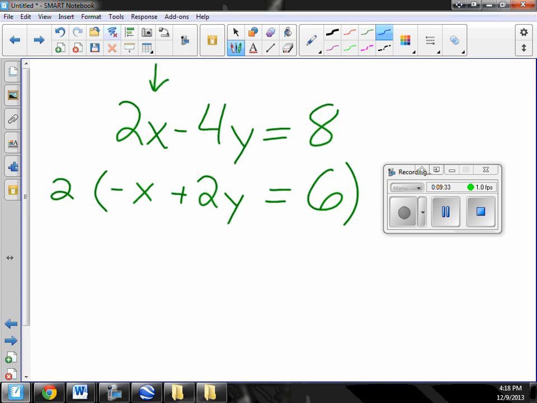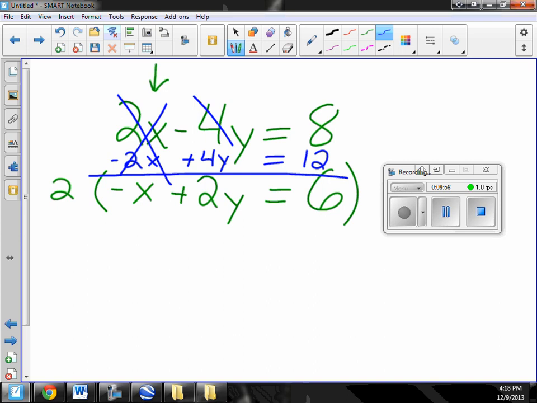And as long as I times it all the way across, I haven't really changed anything. It's like doubling both sides of a scale. As long as you put weight on one side and the other side, it will still balance. So that gives me negative 2x plus 4y equals 12. If I add those two equations together, my x's cancel and my y's cancel.